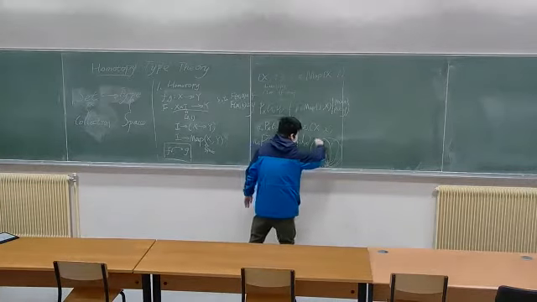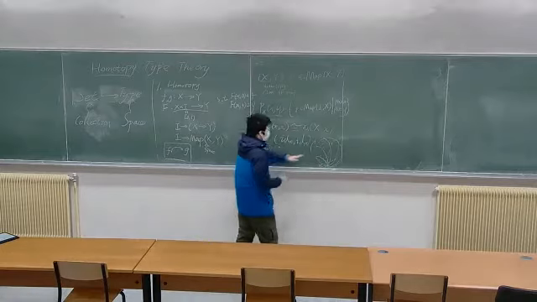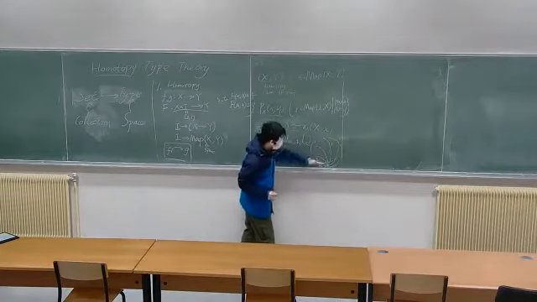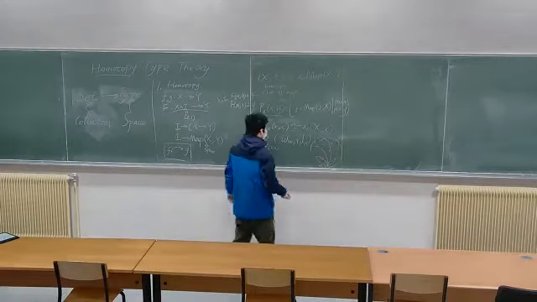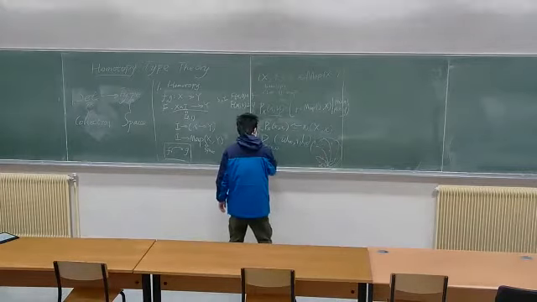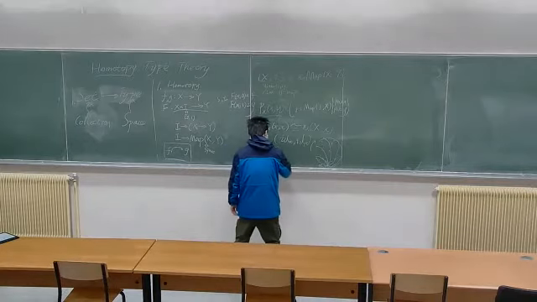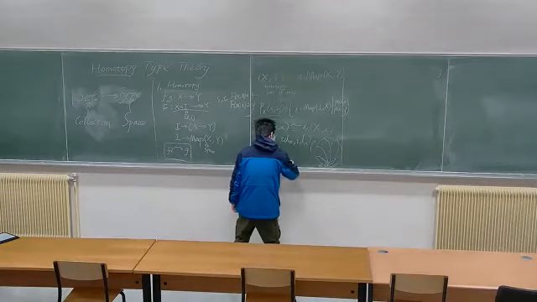This movement between paths is exactly a movement over a sphere, which is what we are familiar with as pi 2, the second homotopy group.